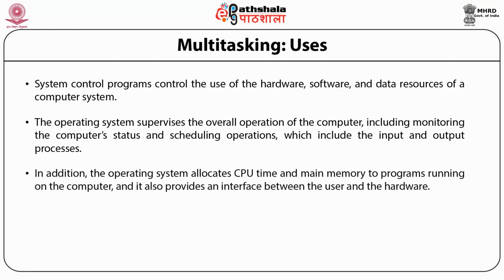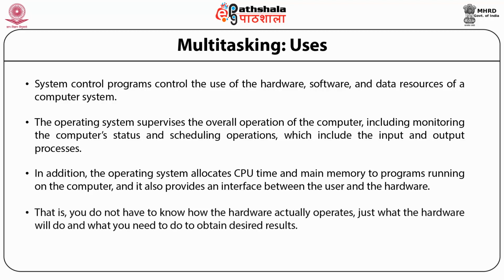In addition, the operating system allocates CPU time and main memory to programs running on the computer, and it also provides an interface between the user and the hardware. This interface hides the complexity of the hardware from the user. That is, you do not have to know how the hardware actually operates, just what the hardware will do and what you will need to do to obtain desired results.